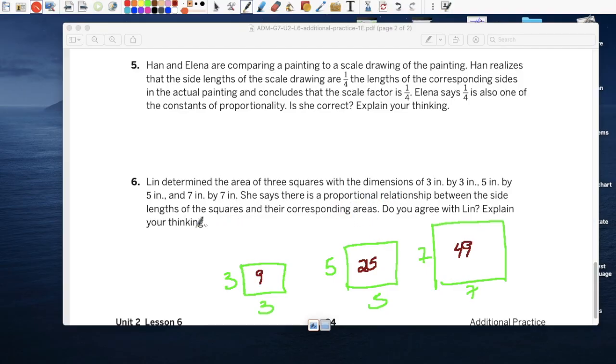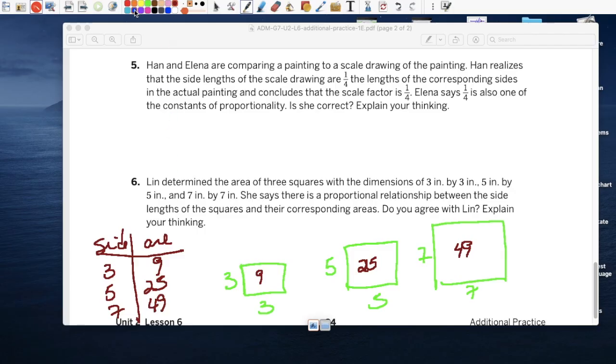Is there a relationship between the side length and their corresponding areas? Let me write this, maybe it's easier. This is the side and this is the area. So when the side is 3, the area is 9. When the side is 5, the area is 25. When the side is 7, the area is 49.